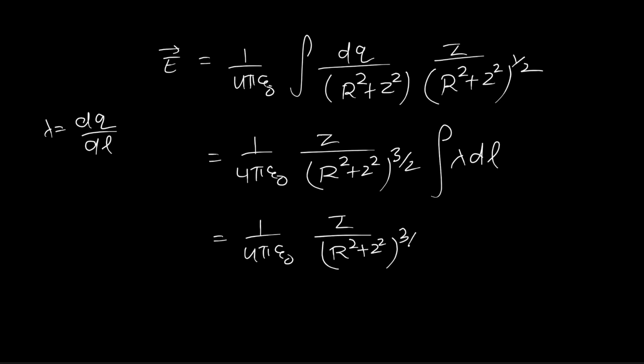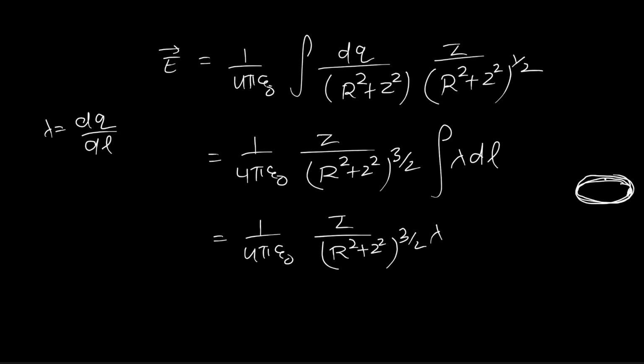Then your answer comes out to be the power 3 by 2, and then lambda, then integrating dl. The dl element is on the ring, yes, the small element on the ring, and if you integrate it you will get the whole circumference, because we are considering the ring.